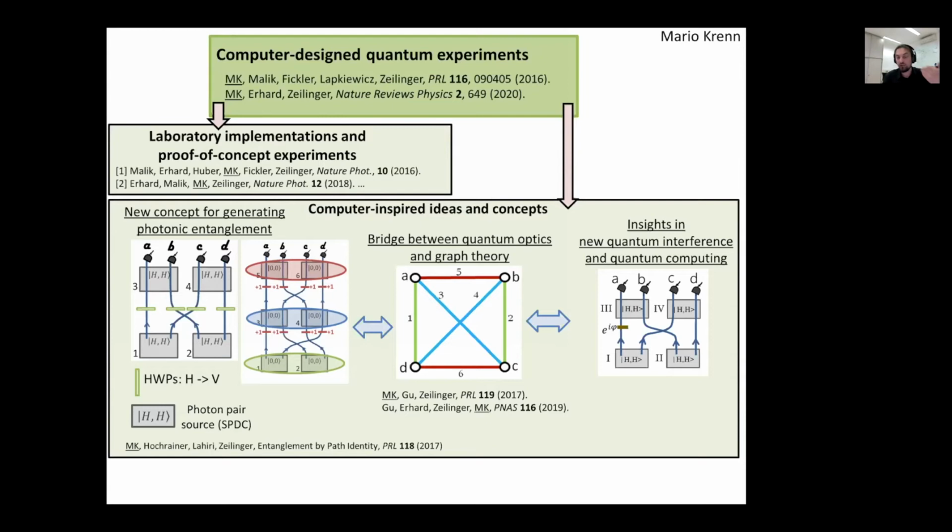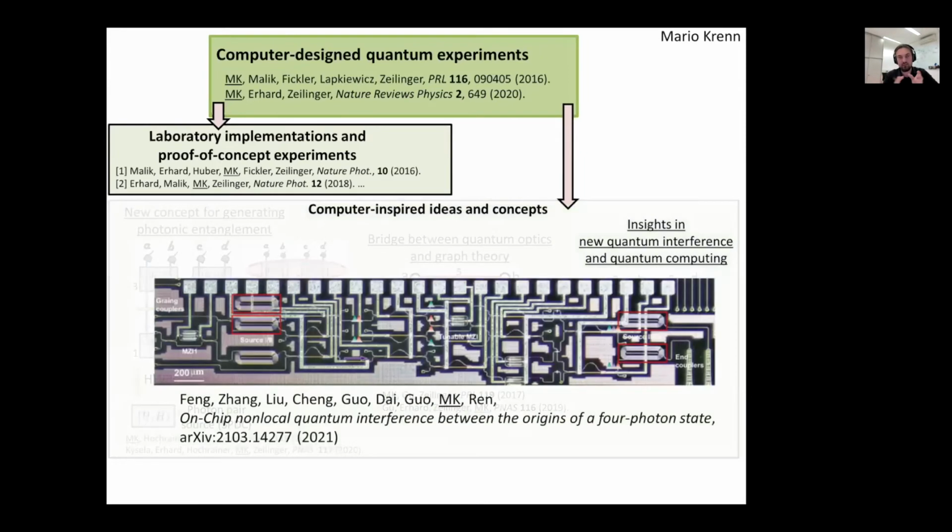And that goes in the direction of quantum advantage and quantum supremacy experiments. Furthermore, we have found with this technique also a new type of non-local multi-particle quantum interference. And this has just a few months ago been demonstrated by some of my collaborators at USTC in China using an integrated photonic chip where they were able to encode a number of photon pair sources in a very coherent way.